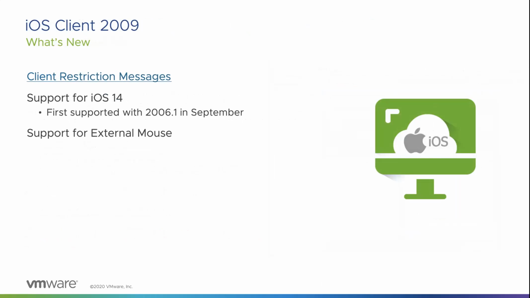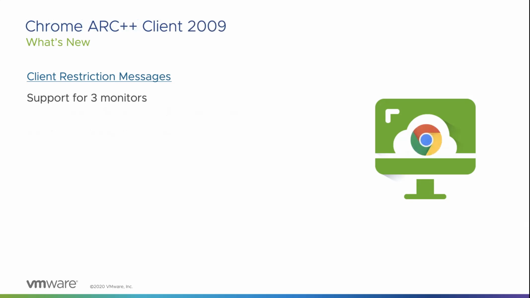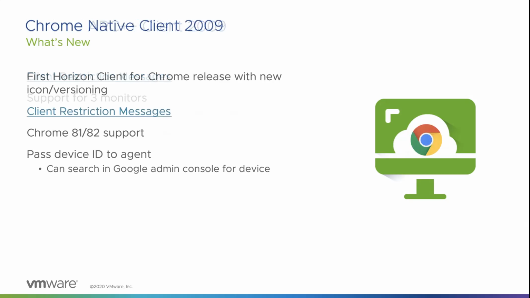Now we look at the 2009 clients. The reason they did this is really for iOS 14 support, including support for the external mouse and trackpads in iOS. Android client 29 added the ability for client restriction messages, and the Chrome ARC++ client, the Android-based Chrome client, has support for three monitors.